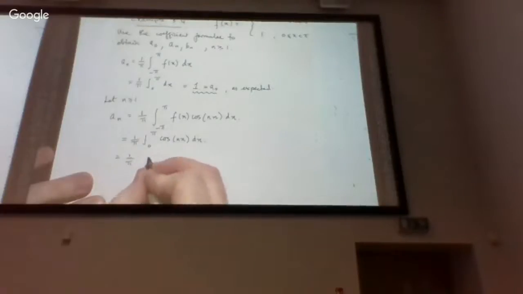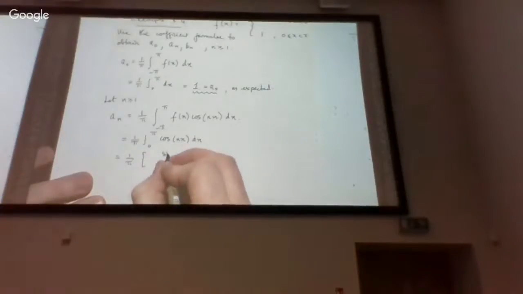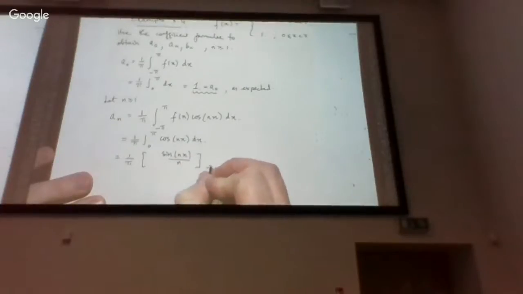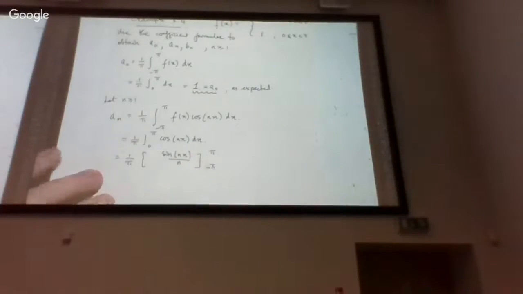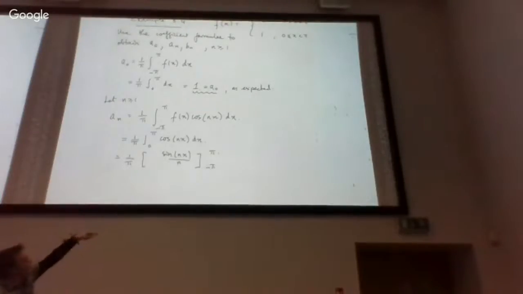Integrating cosine isn't too hard. It's sine of nx over n, evaluated at 0 and pi. But what is that? Well, that's just 0, because to do the evaluation of the limits, you're working out sine at an integer multiple of pi.